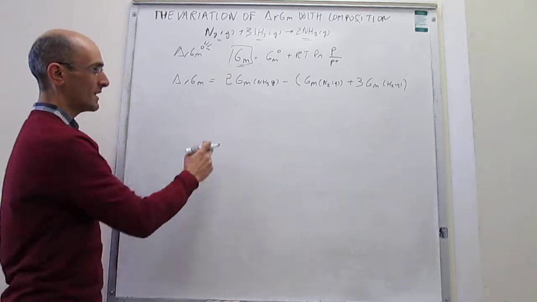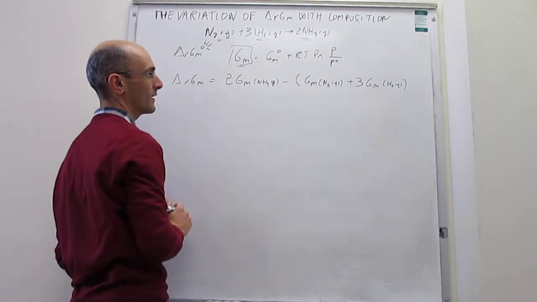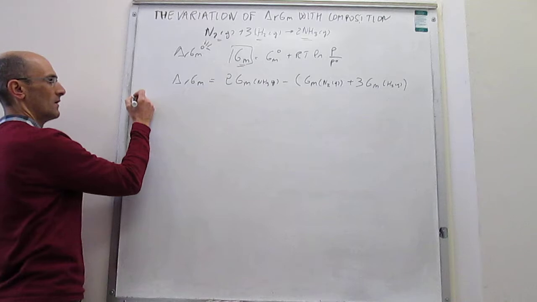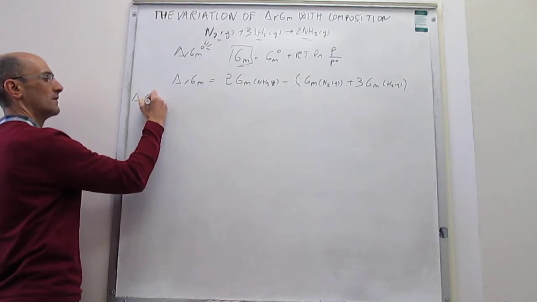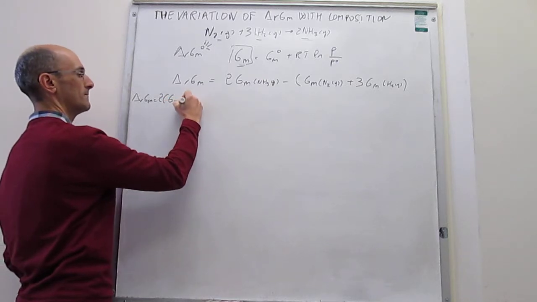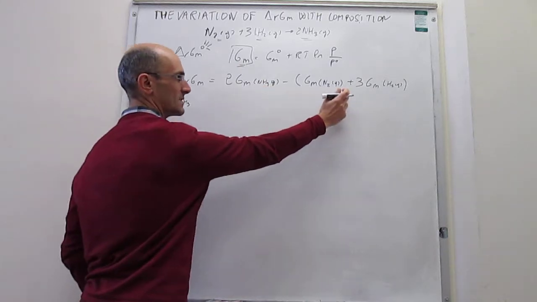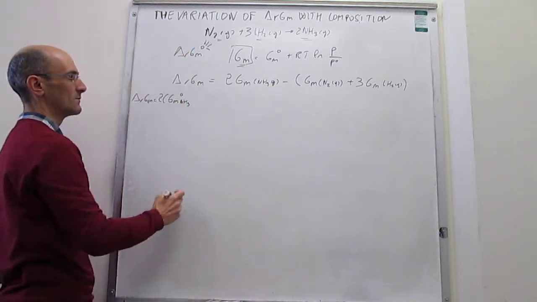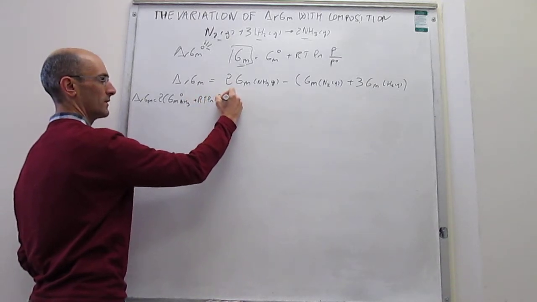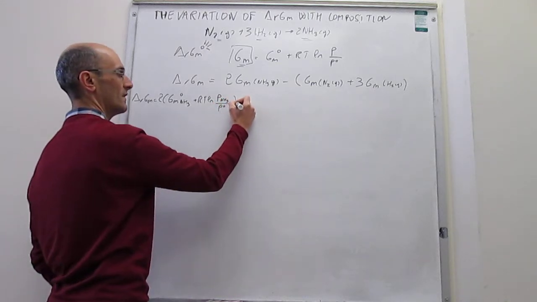Because now we have the definition of these molar Gibbs energies as a function of pressures, we can develop this expression into something that is going to be more useful. This delta RGM is going to be equal to 2 times the molar Gibbs energy of ammonia at the standard state. I'm not going to write the subscripts gas because all of them are gas and I want to save some time here. Plus RT natural log of the pressure of ammonia over the pressure of the reference state, that is 1 atmosphere, and then minus reagents.